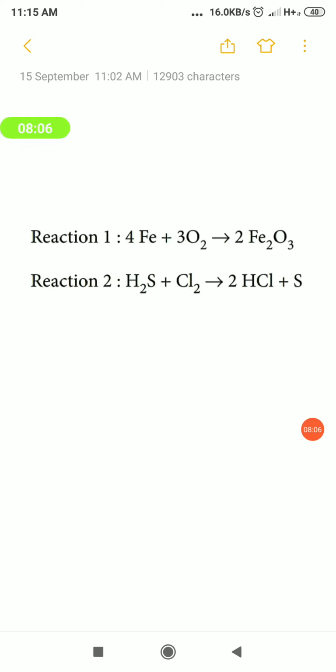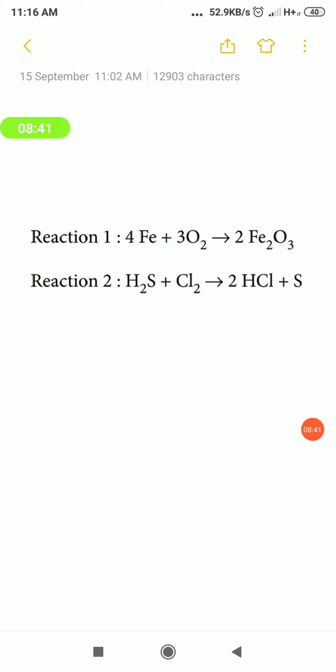Okay, then come to reaction 2. Again H2S plus Cl2 gives HCl plus S. So H2S la hydrogen இருக்குது. In the product side it is removed. Hydrogen is removed from where? From H2S. அப்ப இங்க என்ன நடக்குது, oxidation. Oxidation is either addition of oxygen or removal of hydrogen. Oxygen add பண்றது அல்லது hydrogen remove பண்றது. In the second reaction hydrogen is removed from H2S, so it is also an oxidation reaction.